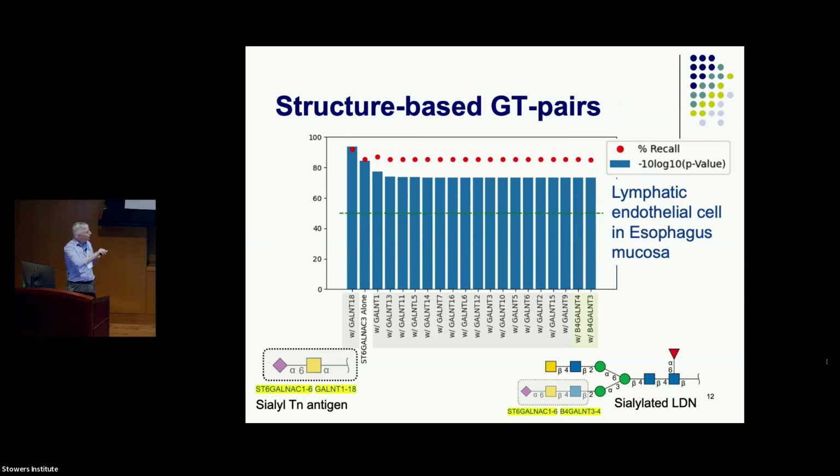And we actually have a glycan motif, which has a name, Tn antigen, which represents this specific structure implied by this highly significant association.